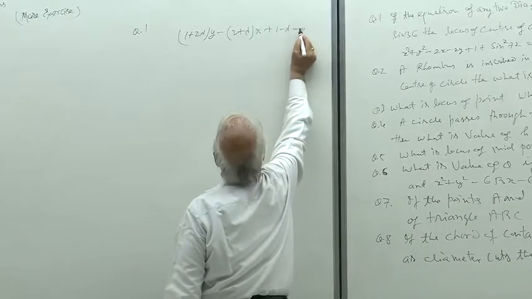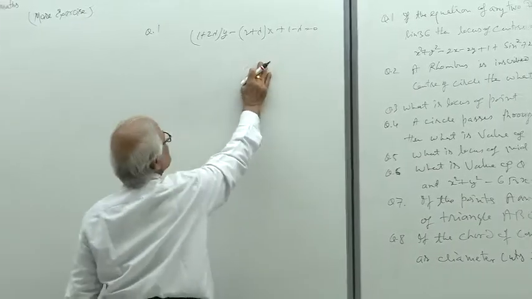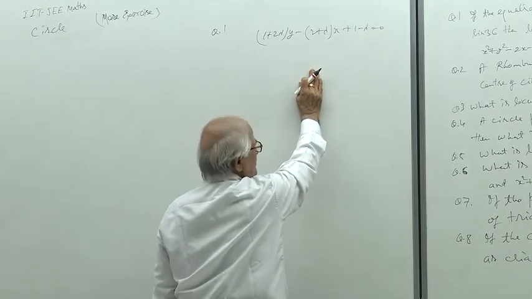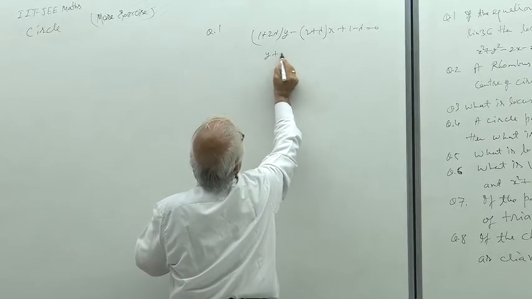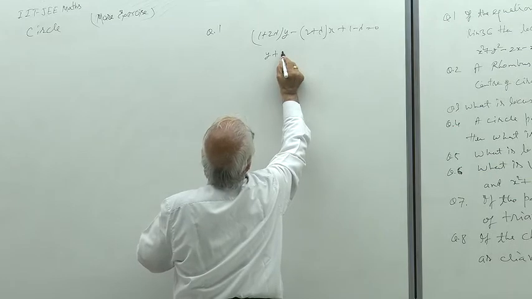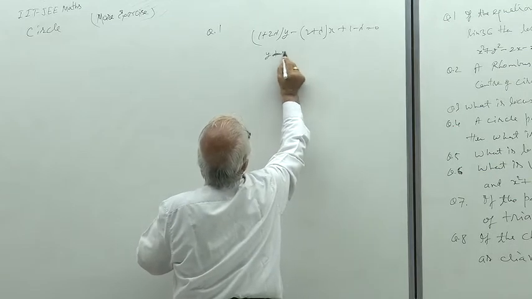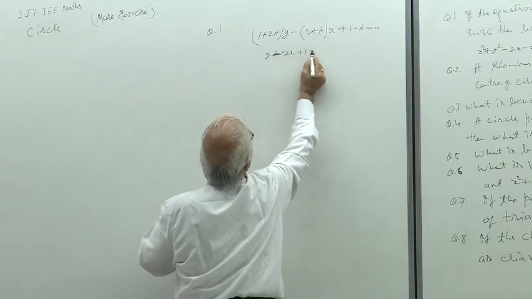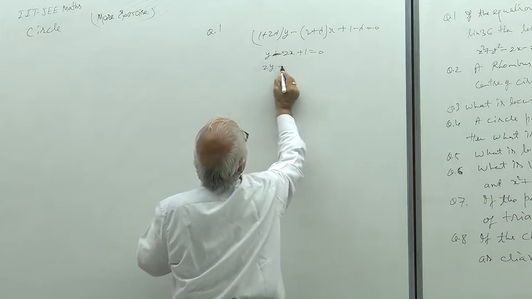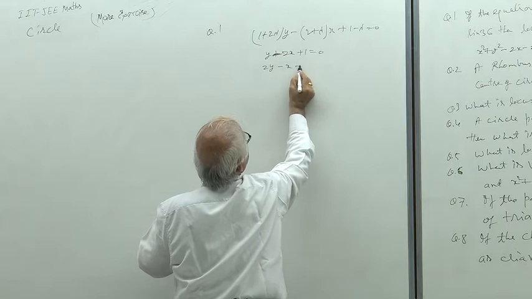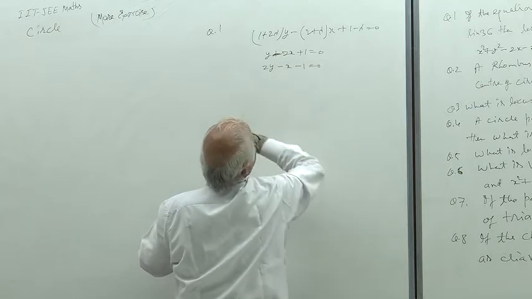This is the family of lines, the equation of the diagonals. Now we separate this. We have y minus 2x plus 1 is equal to 0 and 2y minus x minus 1 is equal to 0.